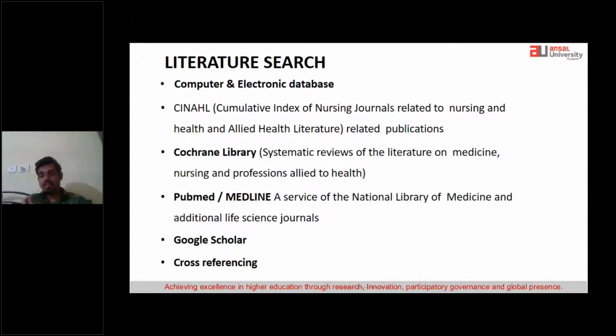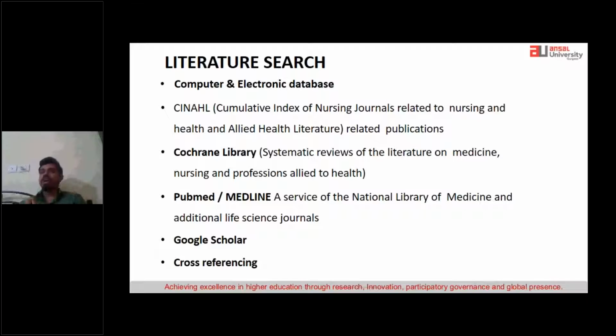And there is something I have written as cross-referencing. Cross-referencing is very, very important. Sometimes you don't get many articles, and students who do research come back to me saying, sir, I only found 4 articles, or I've only found 2 articles on PubMed, I'm not getting any more, what to do? That is where you can use cross-referencing. Cross-referencing is very simple. Let's say you have one article which you are reading.